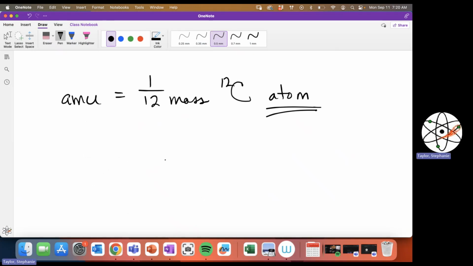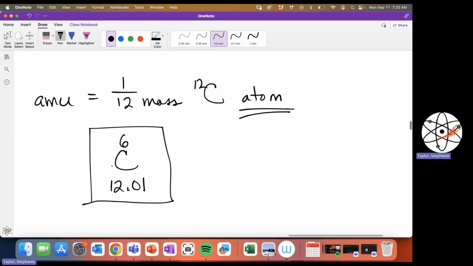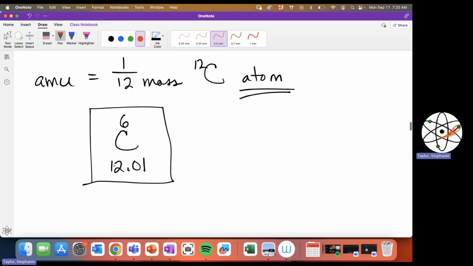Now, when you're hanging out on the periodic table and you're looking at things like this, so we're going to say that this is my carbon atom with average atomic mass on here. A lot of times we look at this number below, and the thing is that this number here actually has two different uses. This is the average atomic mass.